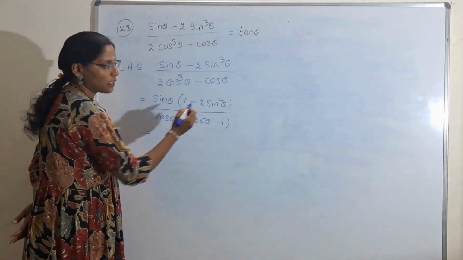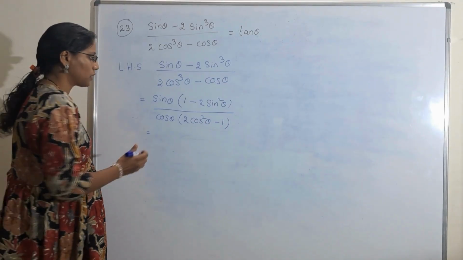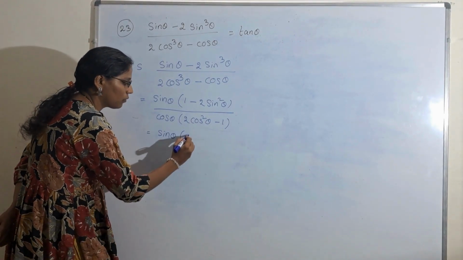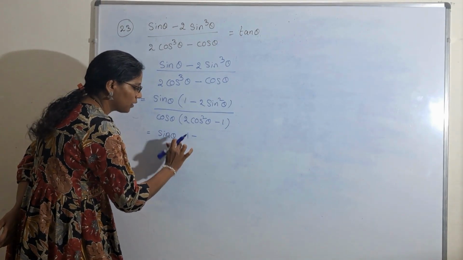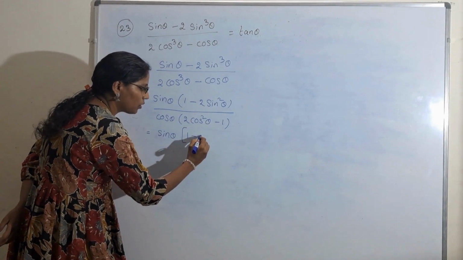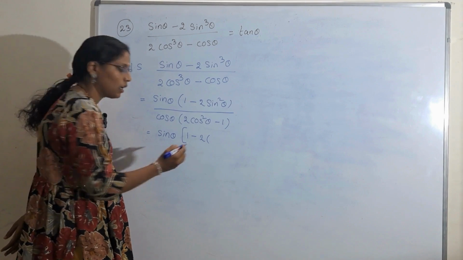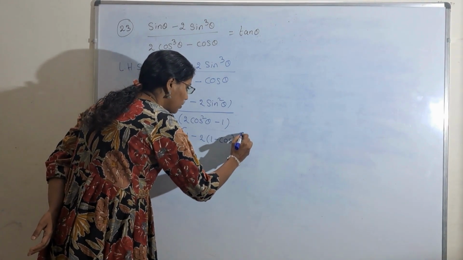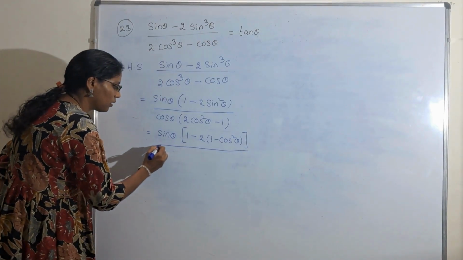So sin square theta we have to change in terms of cos. Identity we have to use: 1 minus 2 of sin square theta, where sin square theta we can write using the identity as 1 minus cos square theta.